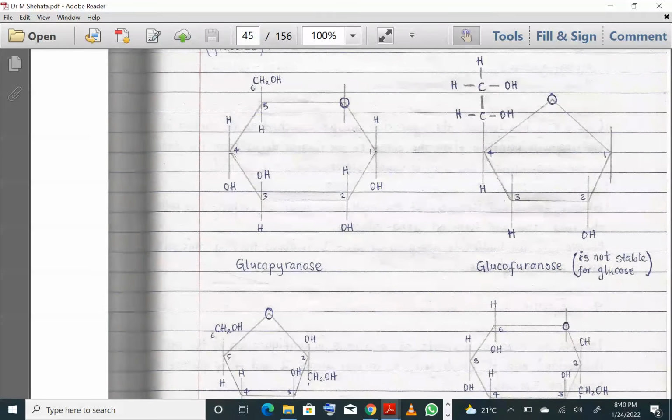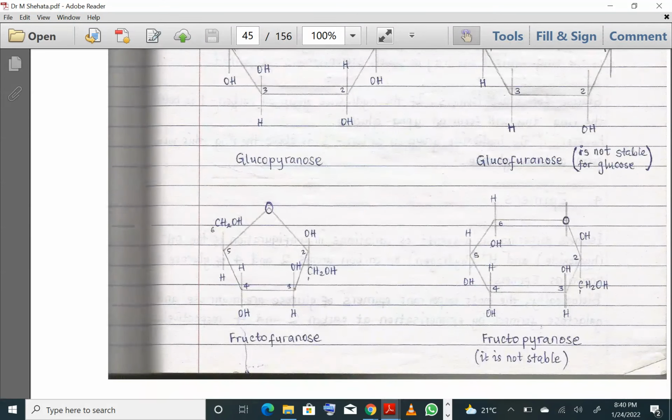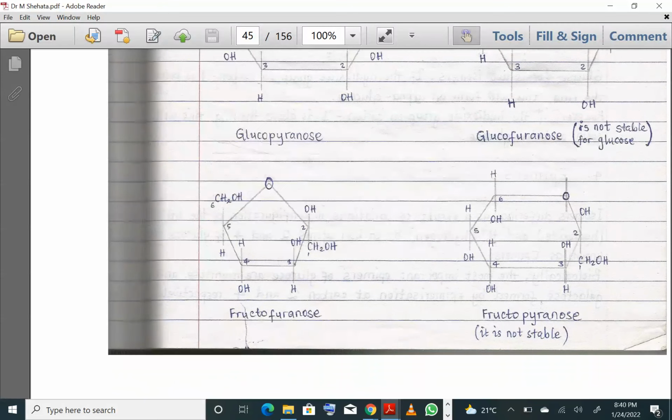Glucose can form pyranose and try to form the furanose, but the furanose won't be stable for glucose, as you can see mentioned there. Fructofuranose is the one that's going to be stable for the ketose, which is fructose, but the pyranose is not going to be very stable for fructose.